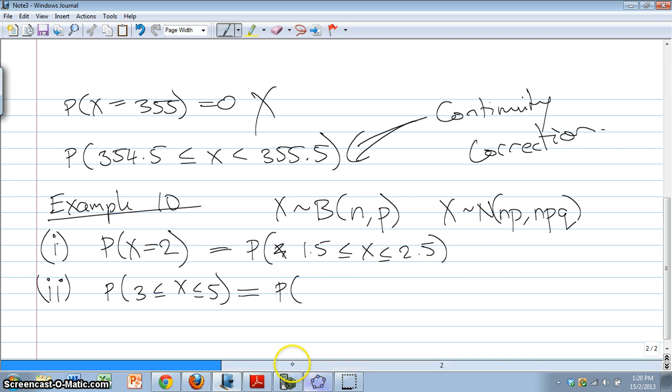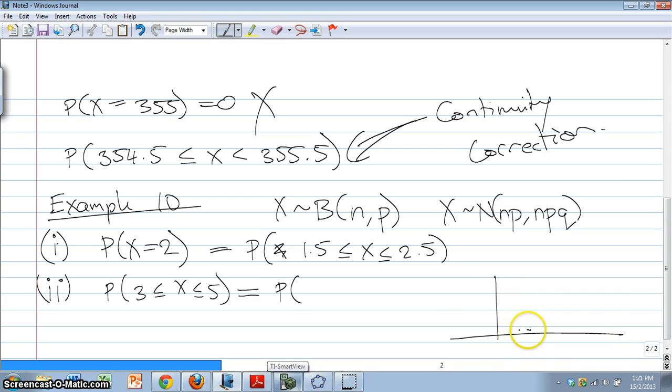If this is my bars, 3, 4, 5, I might have something that looks like this, right? In which case, I'm now looking at the area from 2.5 until 5.5. So this means I want 2.5 less than or equal to x less than or equal to 5.5.